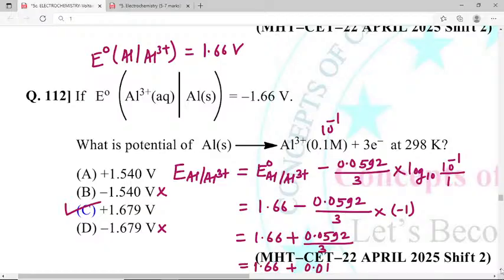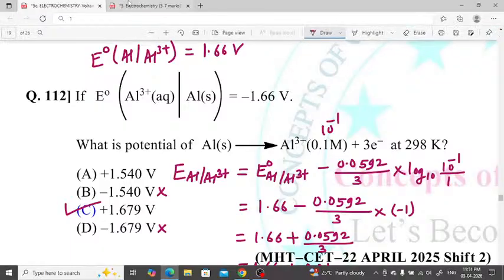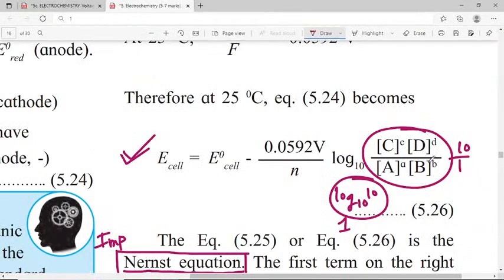Are you getting question number 112, 2025? Are you able to solve it? Very good, well done. Calculation is a very important part. Always remember the Nernst equation; so many questions are asked on it.